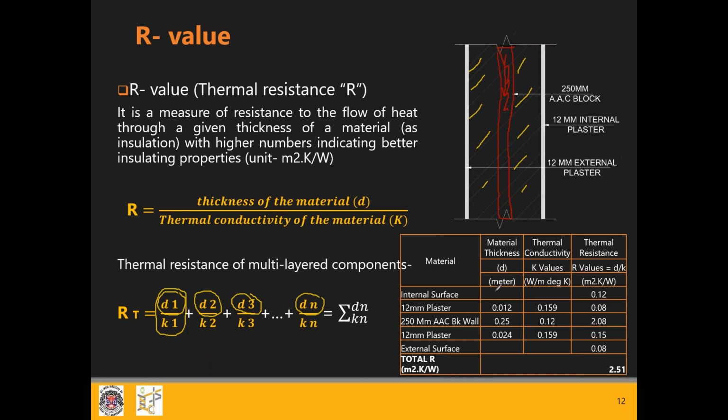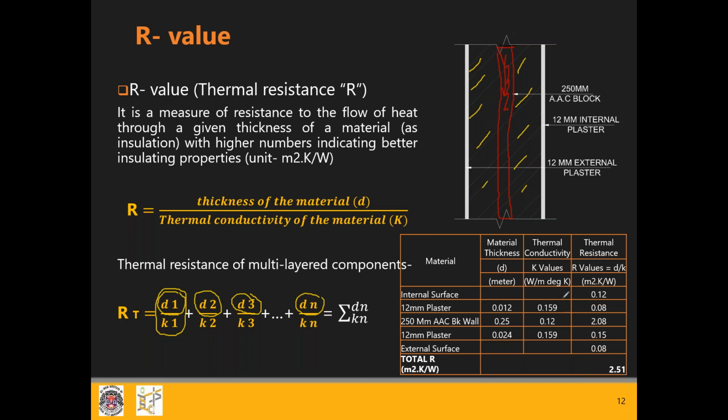Here, as you can see, there is a small calculation. If say your plaster is 12 mm, your D is 0.012. The K value of plaster is 0.15. As I said, these values you have to get from the supplier.